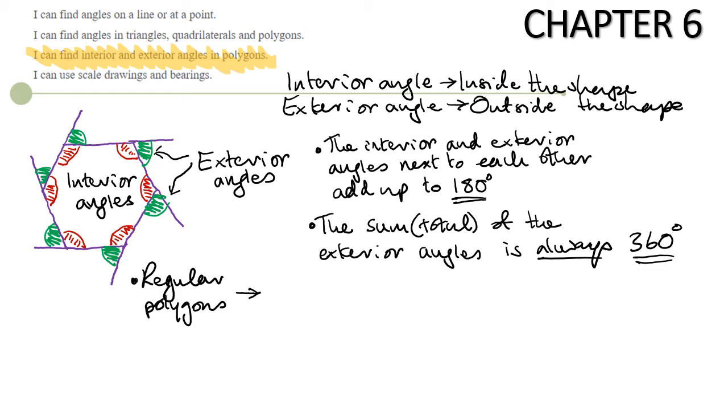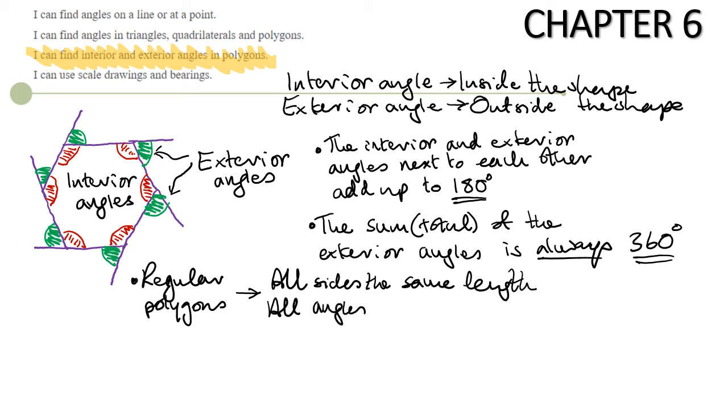So for a regular polygon, all sides are the same length and all angles are the same size. When I say all angles are the same size, that is the interior angles are all the same size, and the exterior angles are all the same size.